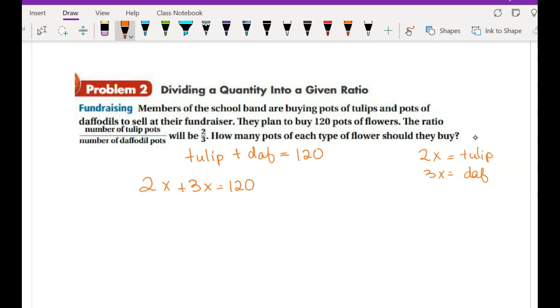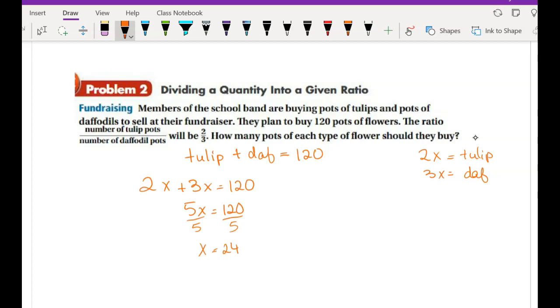I'm going to combine my like terms. So I get 5x is equal to 120. To get x by itself, I'm going to divide by 5. So x is equal to 24.